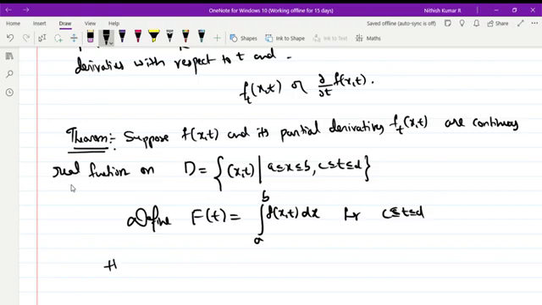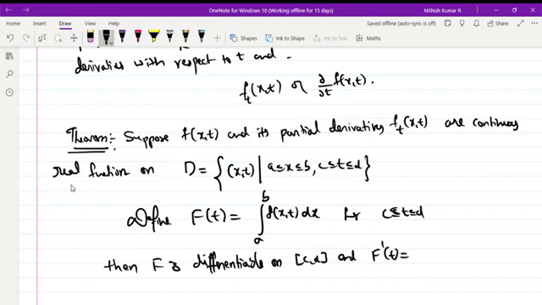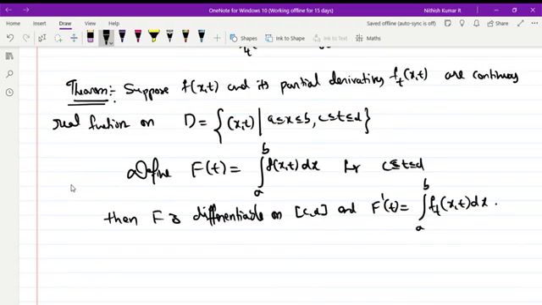Then the theorem says F is differentiable on the closed interval c comma d, and F dash of t is equal to integration a to b f suffix t of x comma t dx. So that's the proof.